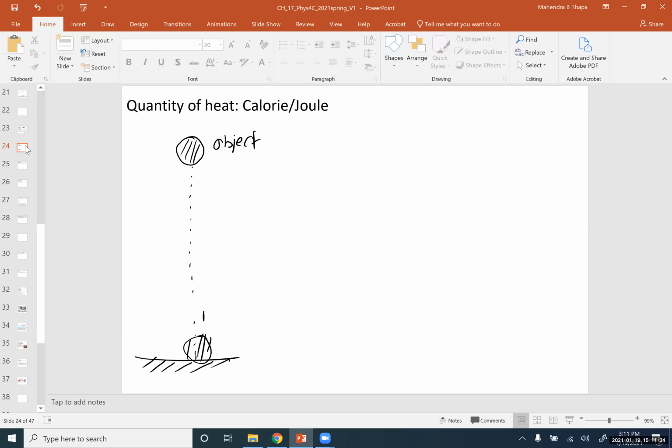So after falling, the temperature of the object should increase.